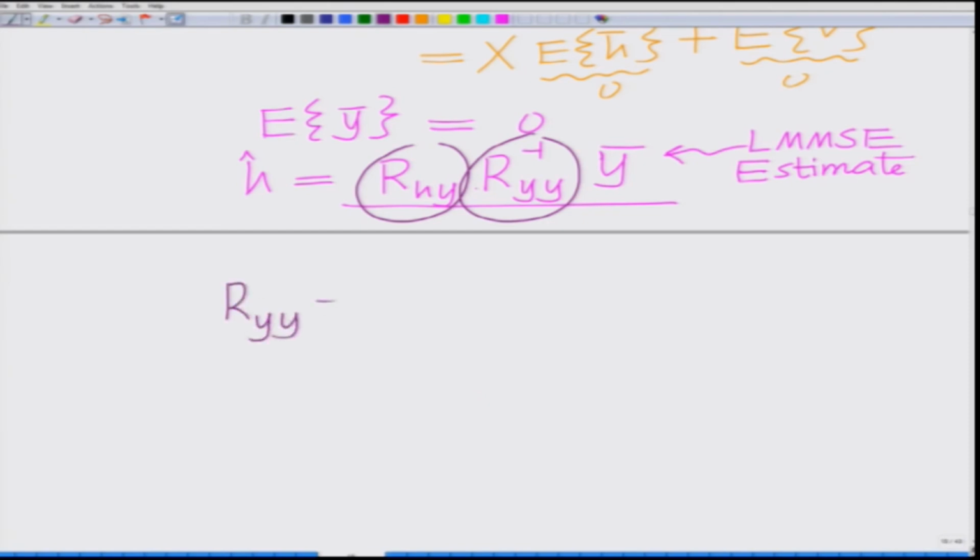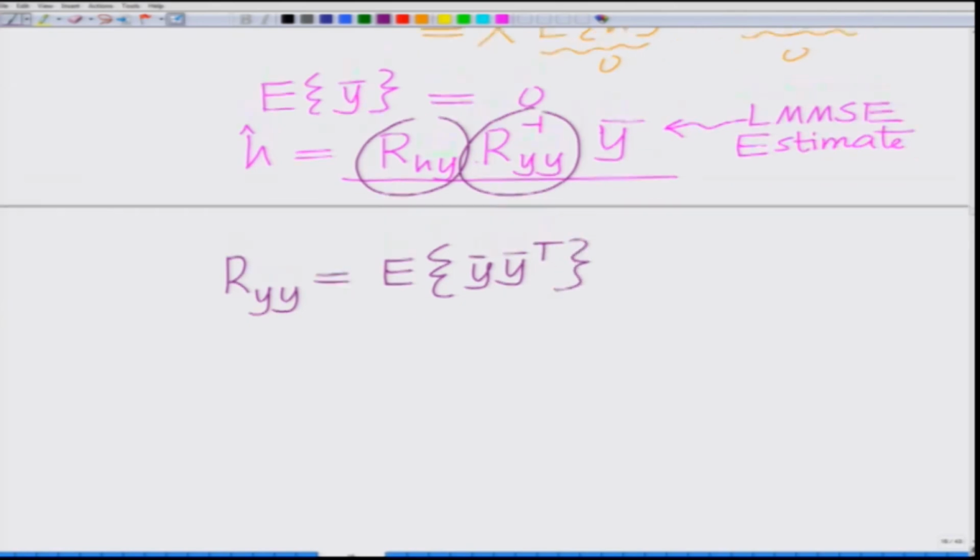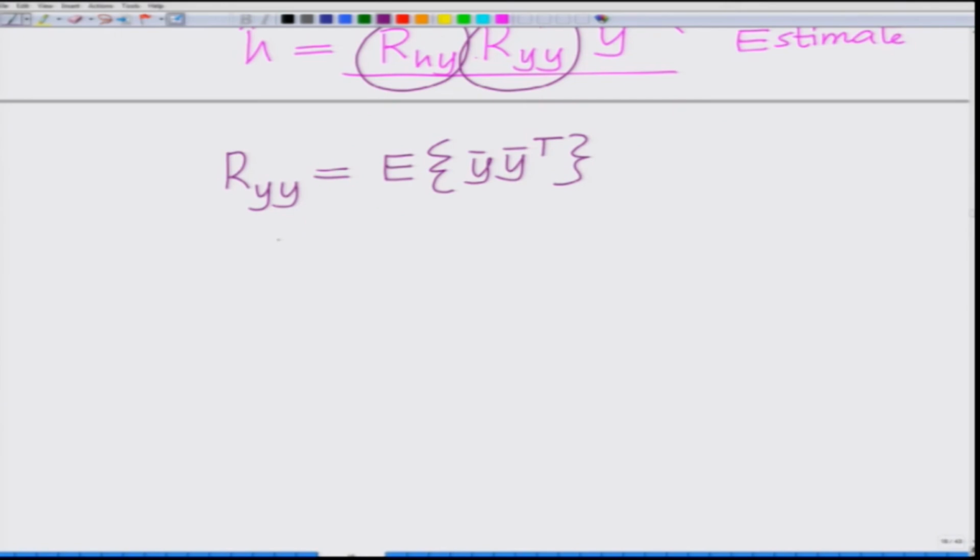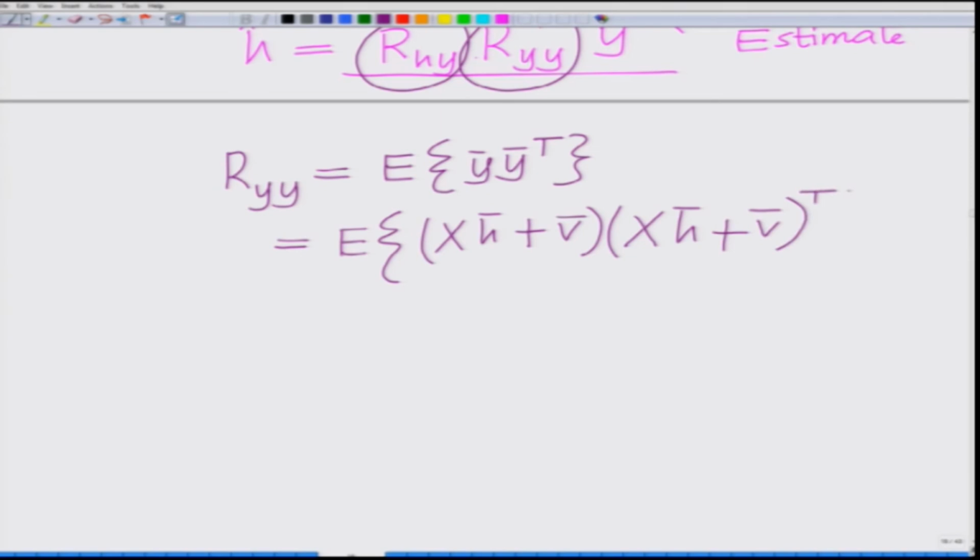R y y equals expected value of y bar y bar transpose, which is equal to expected value of x H bar plus V bar into x H bar plus V bar transpose.